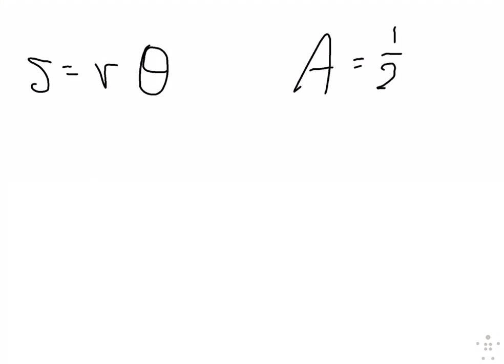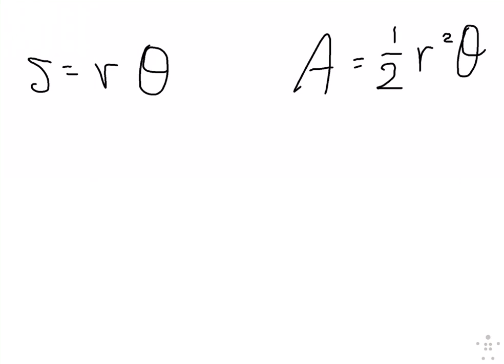What you need to do, page 531, number 13, is you need the arc length, which is the radius times theta, and you need the area, which is 1/2 r squared theta. When we did this problem before, or one like it, we were talking about fencing in a softball complex.